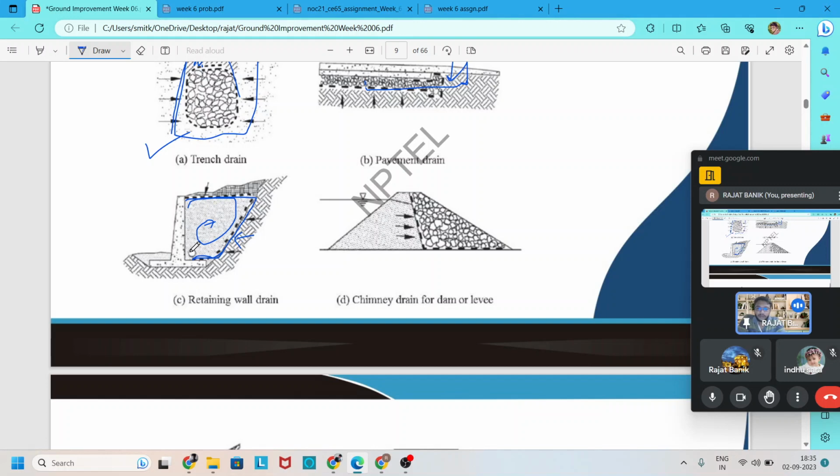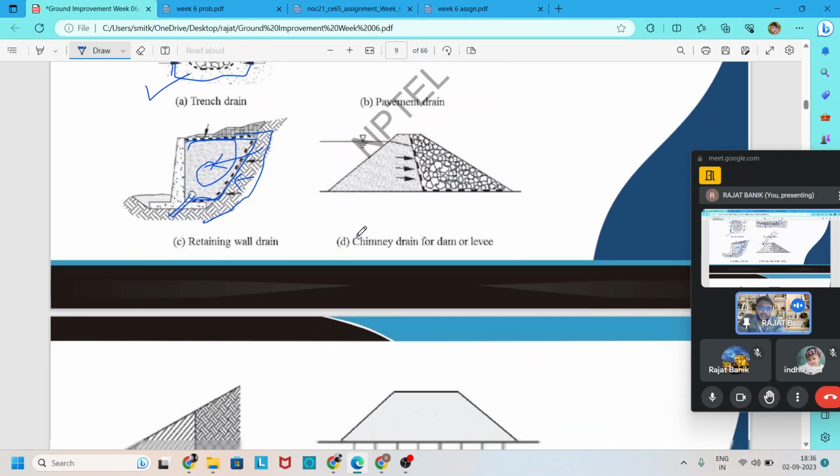By that, a pipe arrangement is provided, and if excess pore water is present, this water is drained out through this system and this pipe, and the backfill material is safe from this water.